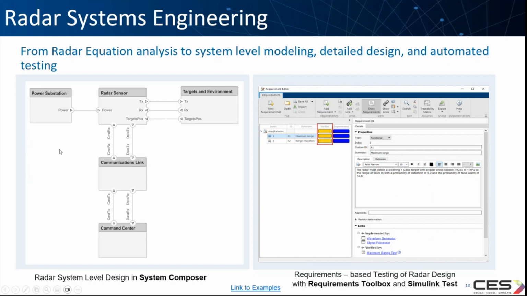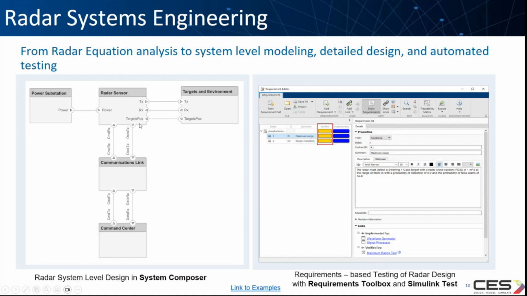What you see here is a radar system architecture in System Composer, our model-based system engineering tool. Here we are designing a radar along with the different other components for the communication, command center, targets and environments, and so on. This is the abstraction level. It can be decomposed further to include different components of the radar sensor. The requirements can also be imported to MATLAB using Requirements Toolbox and linked to different components.